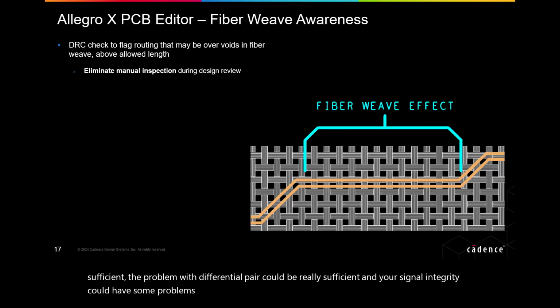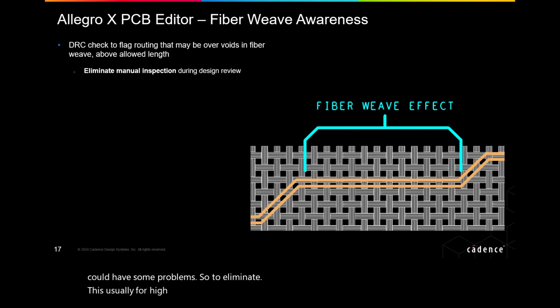So to eliminate this, usually for high-speed interfaces, engineers make some manual check that there are no very long horizontal or vertical traces in the PCB design, or they make some shift.